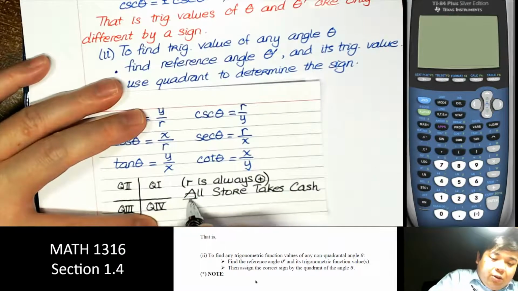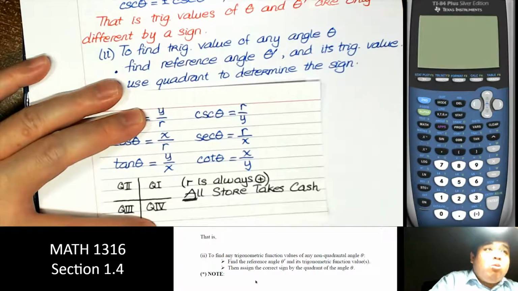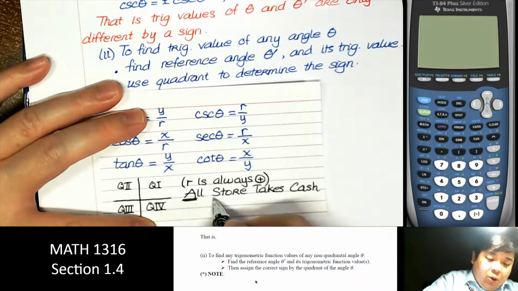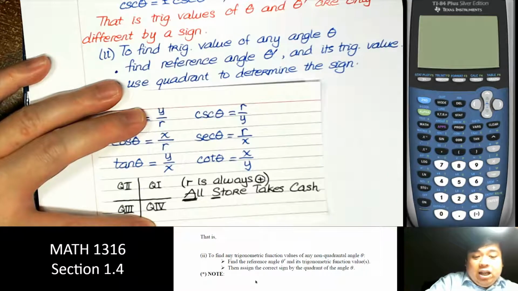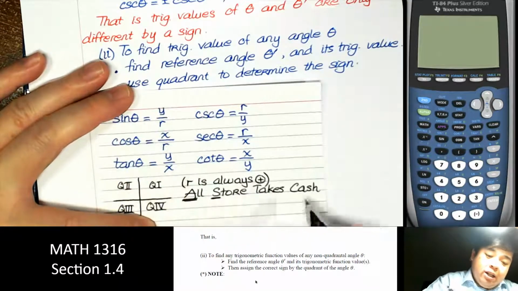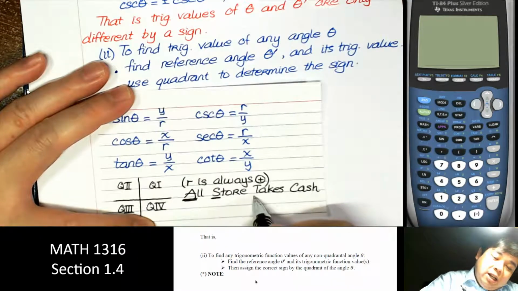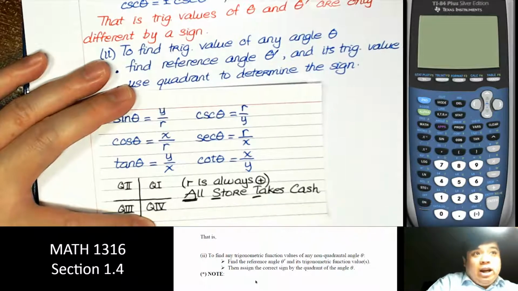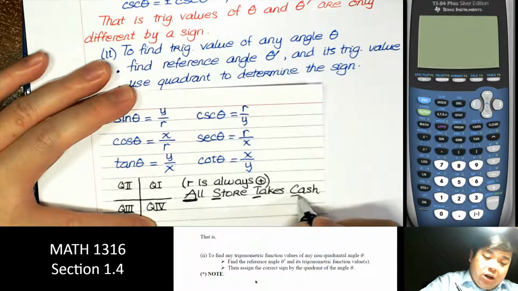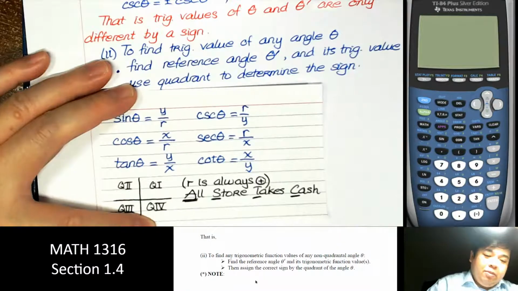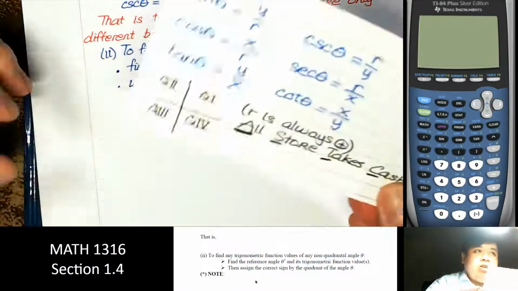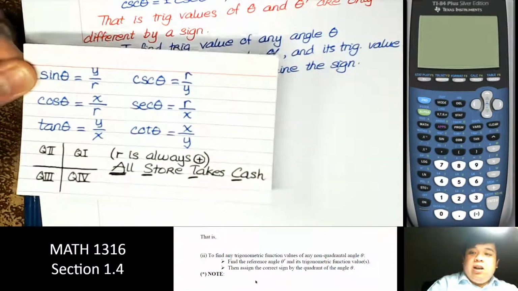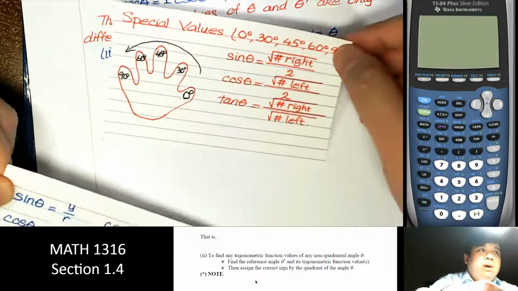So in the first quadrant, all of them are positive. On the second quadrant, there will be sine and subsequently cosecant. On the third quadrant, tangent and cotangent are positive. And on the last one is cosine. Right. So put that in the reference about the sign, and this reference about the values.